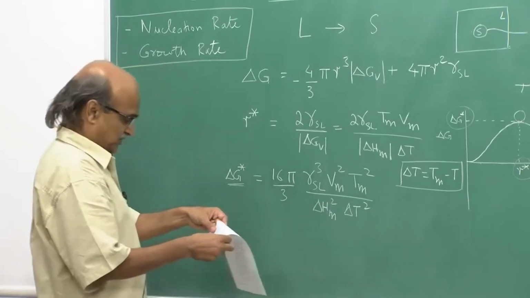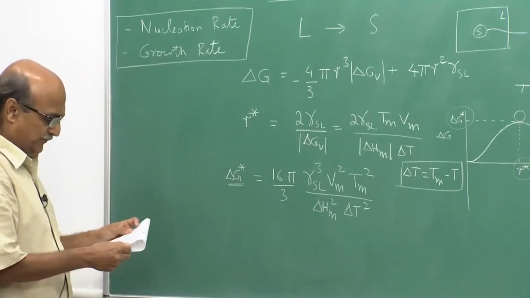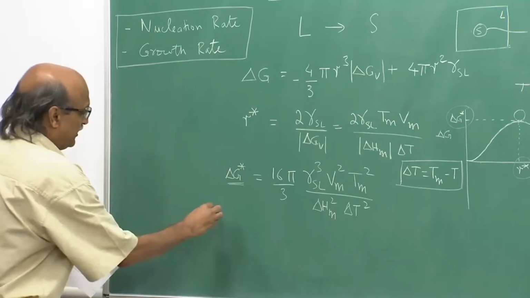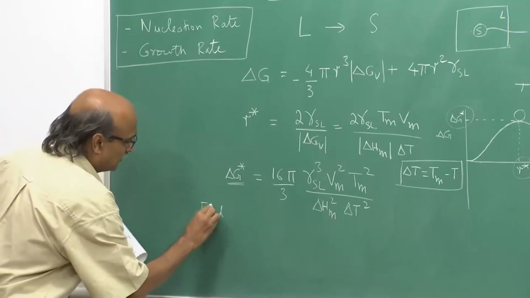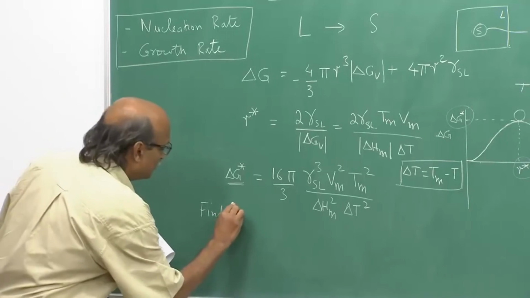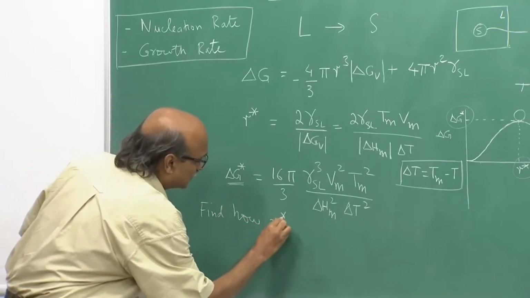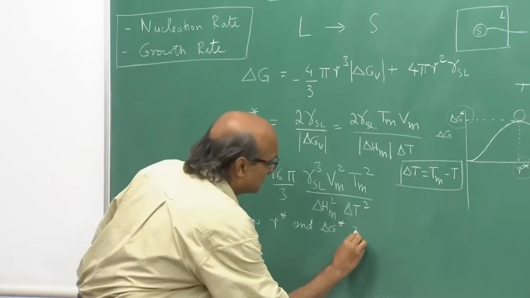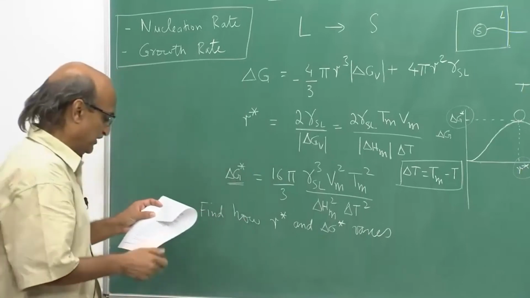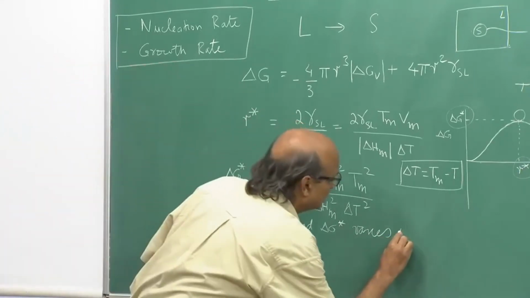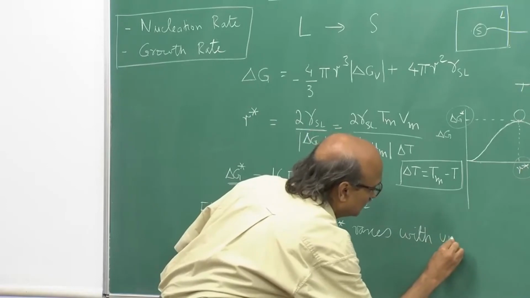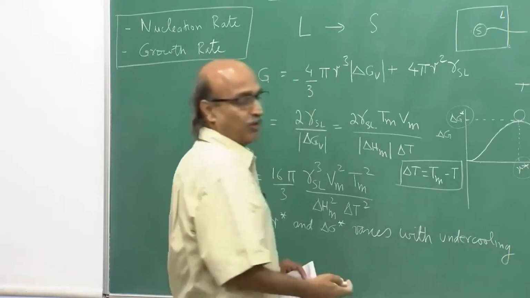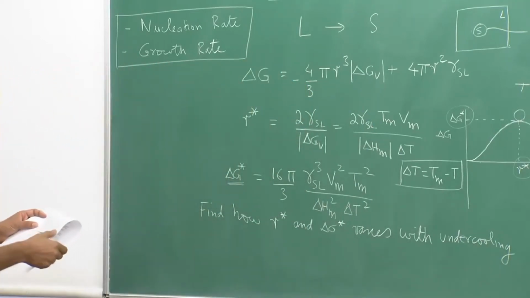Now, what we are going to do next is the following. Find how R star and delta G star varies with undercooling or the transformation temperature.